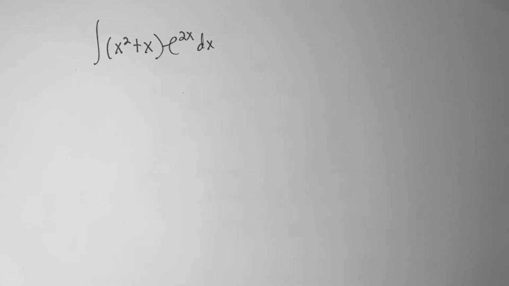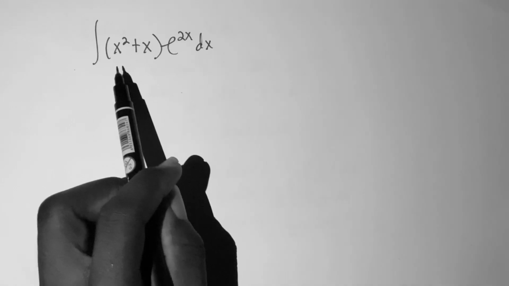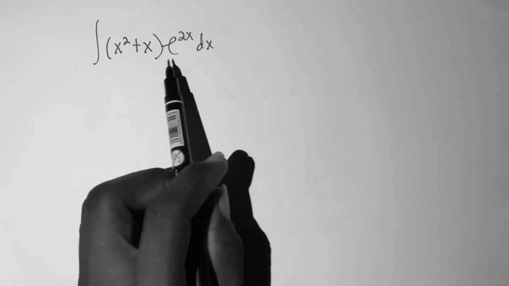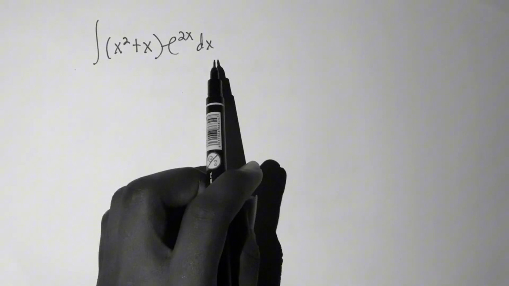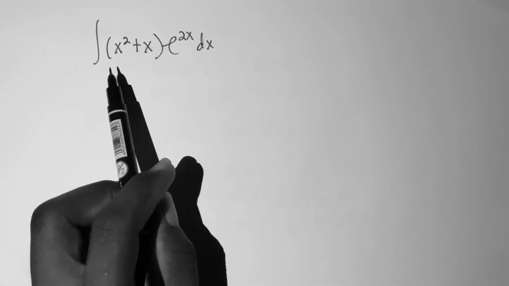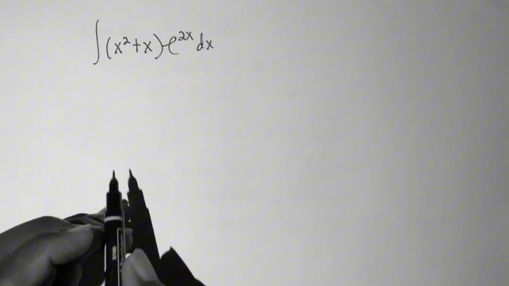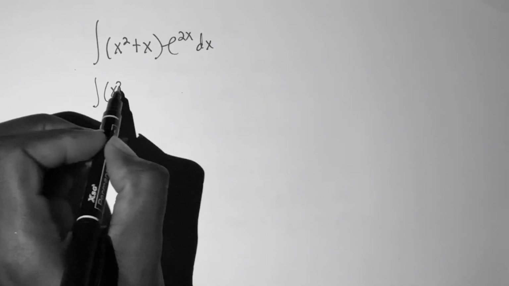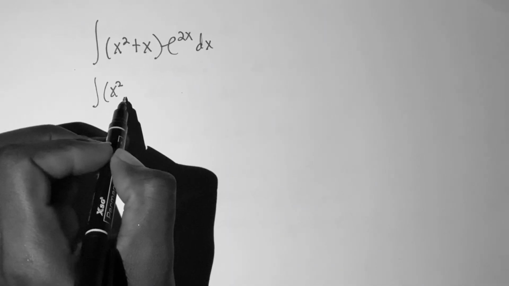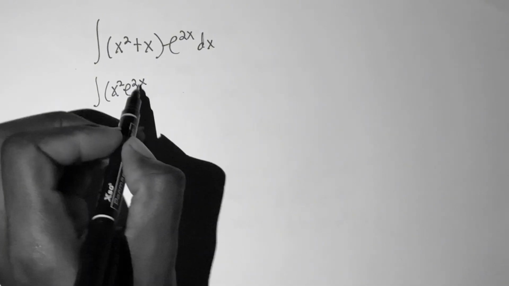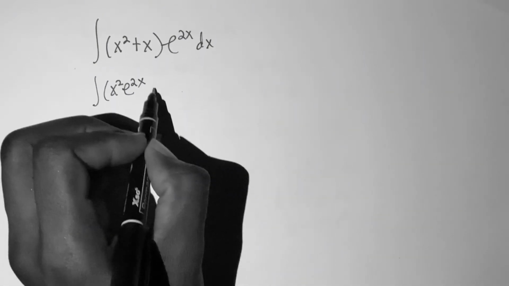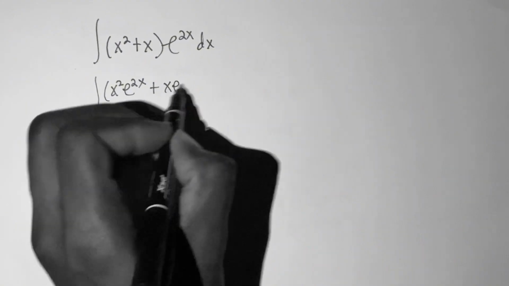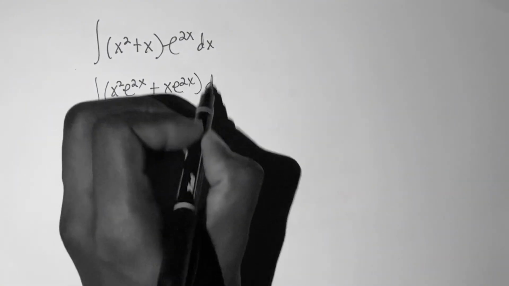So we have this question here, which is to integrate into bracket x squared plus x, then times exponent 2x dx. So what we need to first do is to expand the bracket. So this is equal to integral of x squared exponent 2x, then plus x exponent 2x dx.